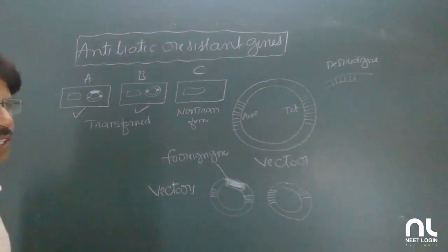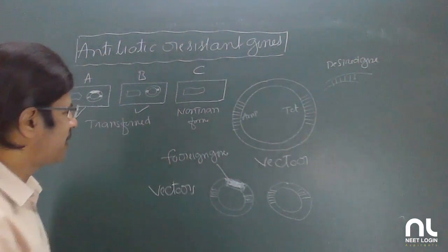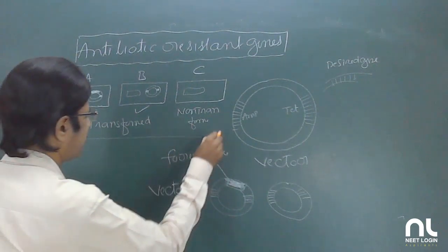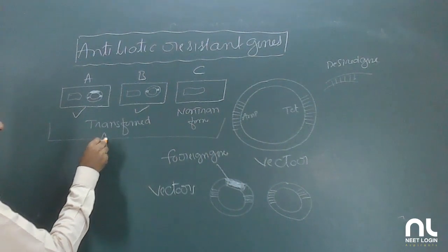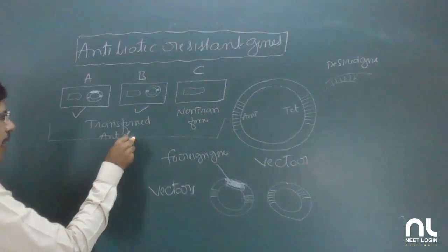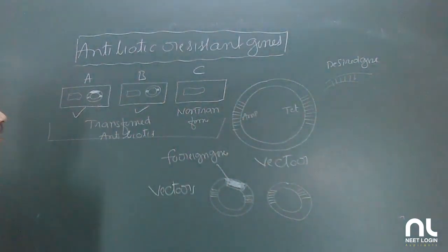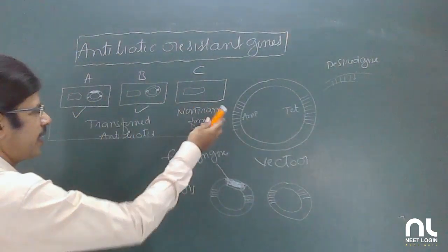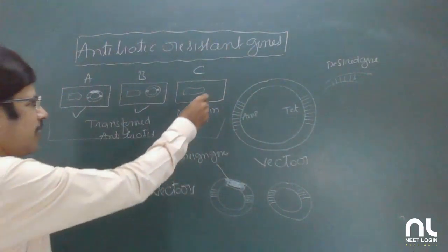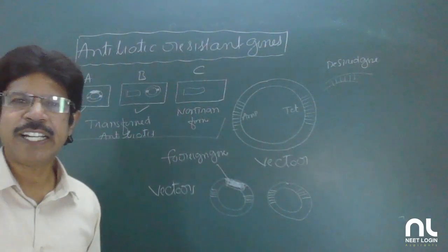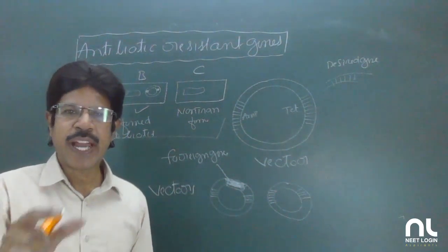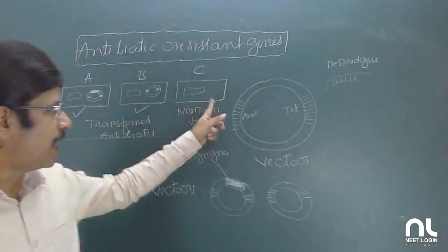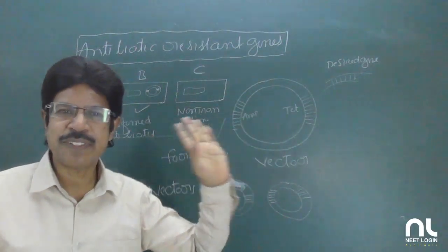So it can be identified by using antibiotic resistance. Suppose in this medium there is antibiotic, only transformed cells can survive, non-transformed cells cannot survive because they do not have the plasmid with the antibiotic resistant gene. So the antibiotic resistant gene helps in the selection of transformed cells from non-transformed cells.